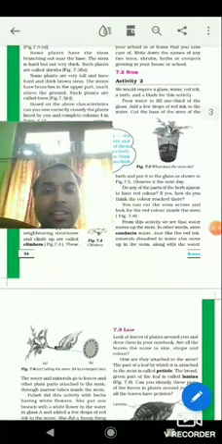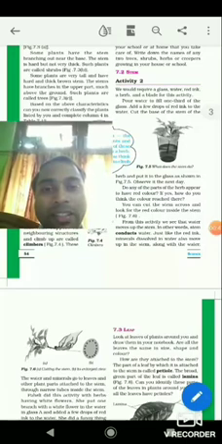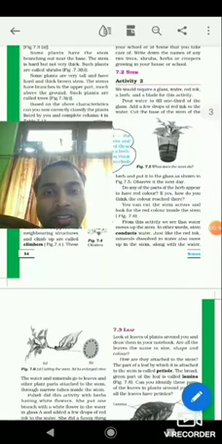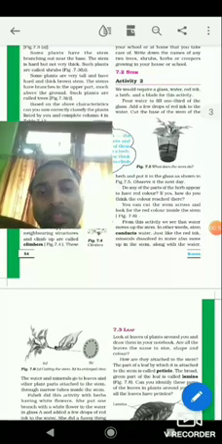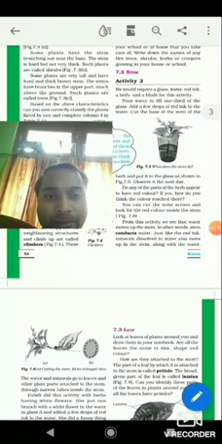So we need a glass tumbler, water and red ink, and then we need also a small stem containing leaves.